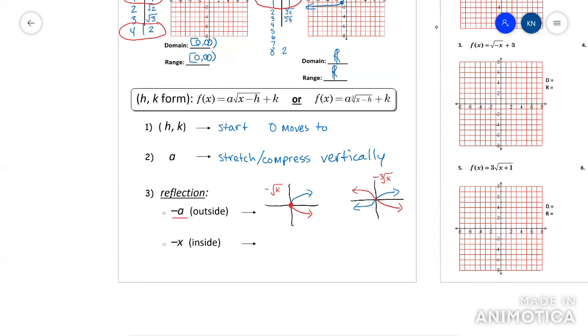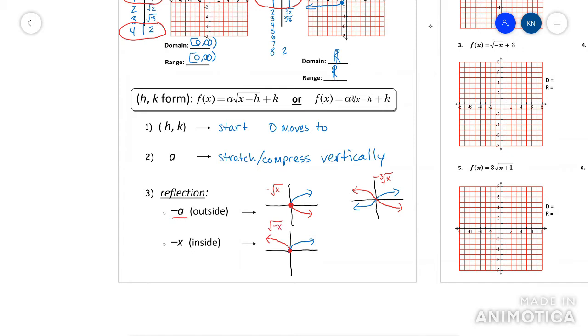All right, now if it's inside, well, here's your original root x. If it's inside, it's going to reflect it across the y-axis, so it's going to look like this. This is root negative x.